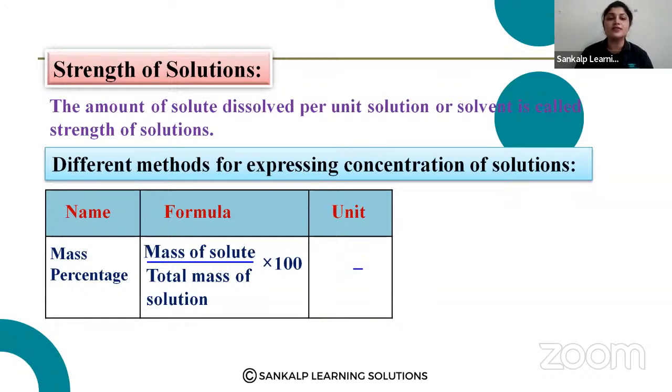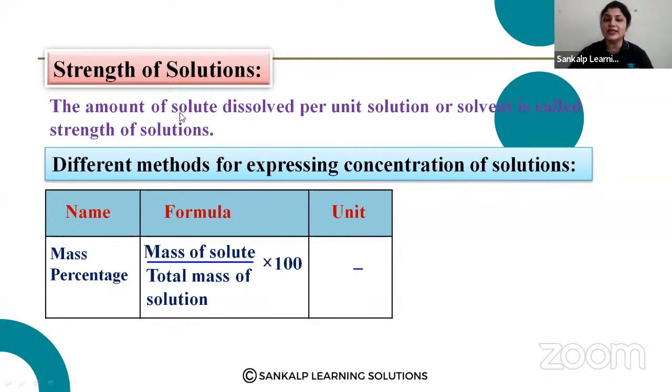So concentration of the solution is the amount of solute which is present in the given quantity of solution. So the amount of solute which gets dissolved per unit solution or solvent is called as the strength of solution, or concentration of solution. So this concentration of solutions can be expressed with different methods, or into different formulas.